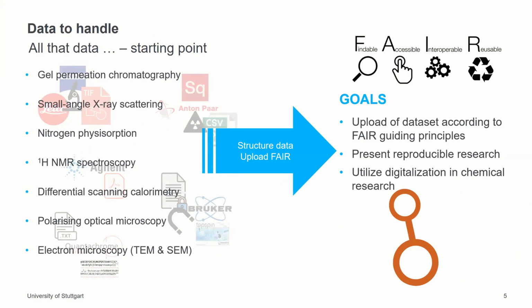So there we have NMR data and gel permeation chromatography. We then have data from characterizing the mesoporous materials, for example, small angle X-ray scattering and nitrogen physisorption. And then we also have image data like the transmission electron microscopy pictures.